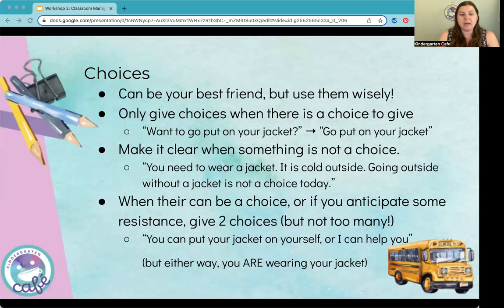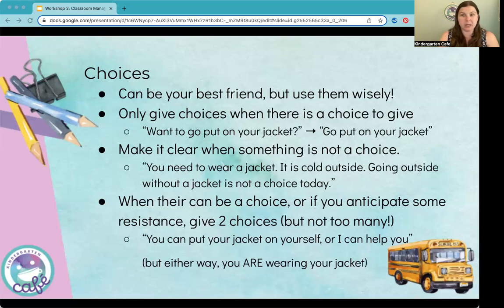And when there can be a choice, you definitely want to give choices, because it's way more motivating for kids to make a choice. You can limit it to 2 choices so that it's simple and easy to follow, but also gets your goal done of following the direction. So you can put on your jacket yourself, or I can help you, or you can put your jacket on first, or you can put your snow pants on first, whatever.